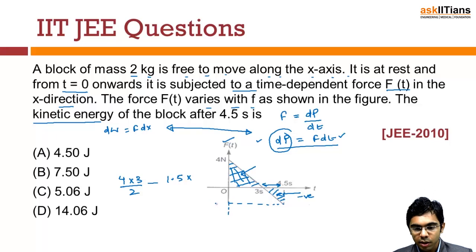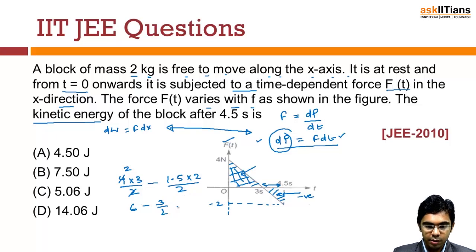So this will be 1.5 into 2, divided by 2 again, which comes out to be 3 by 2. So the total will be 6 minus 3 by 2, and it comes out to be 9 by 2.